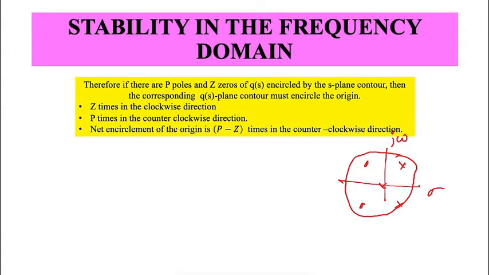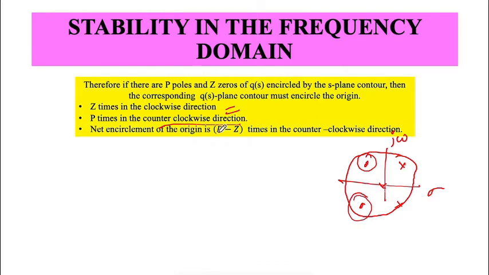Then the corresponding Q plane contour must encircle the origin z times in the clockwise direction, and in this case it would be 2 times clockwise for 2 zeros, and p times, 3 times, in the counterclockwise direction for 3 poles.